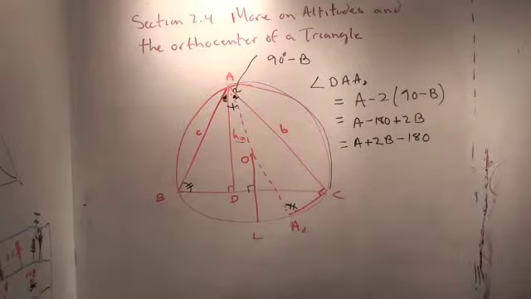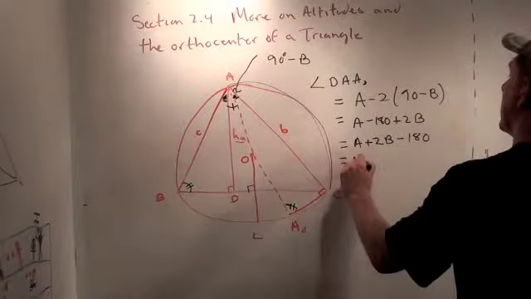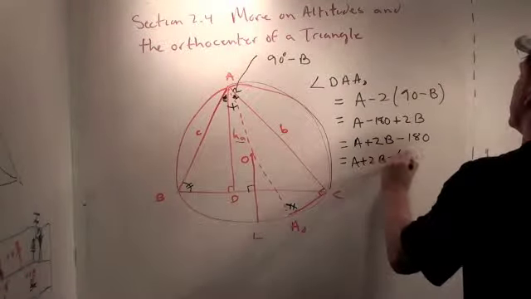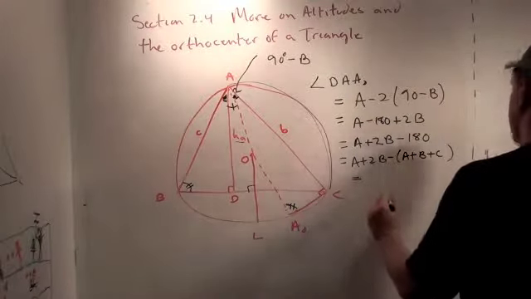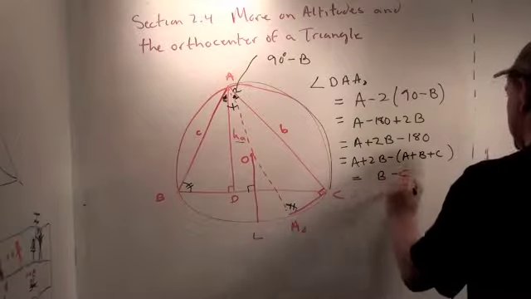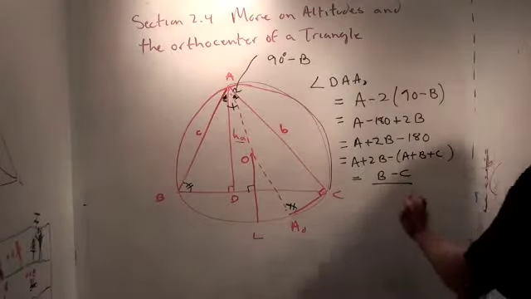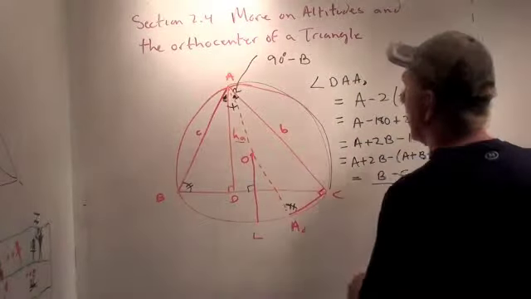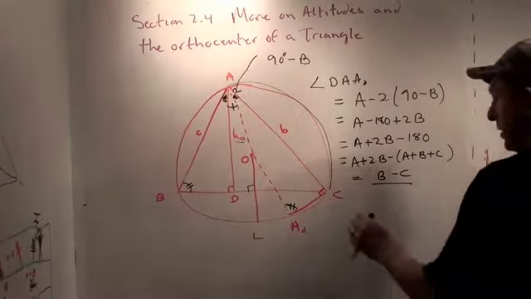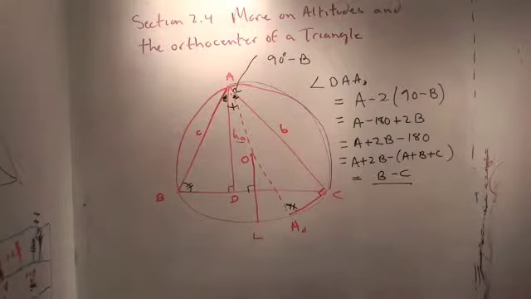Now you'll recall from your beginning geometry class that 180 is equal to the sum of the angles of the triangle. So this is equal to A plus 2B minus A plus B plus C. And so this just equals B minus C. So we get a really nice and very simple formula for the angle that the altitude makes with the diameter of the circumscribed circle through the same vertex.